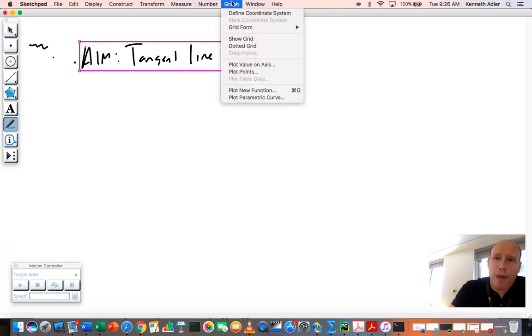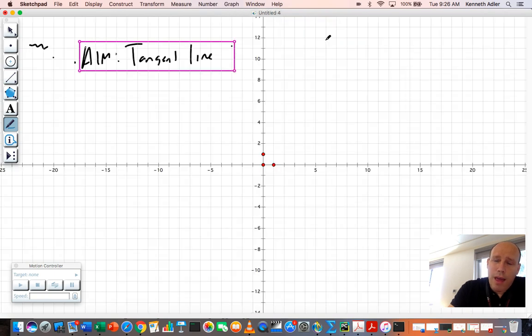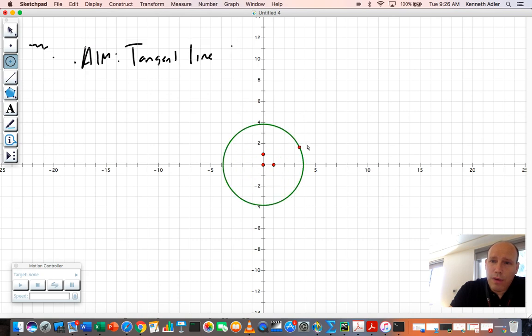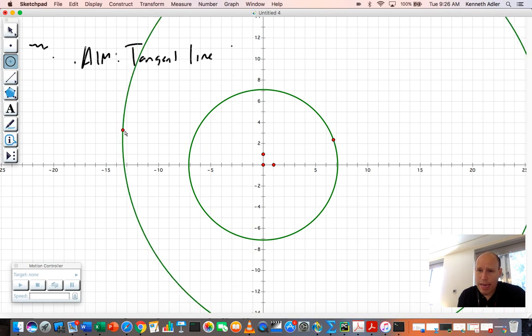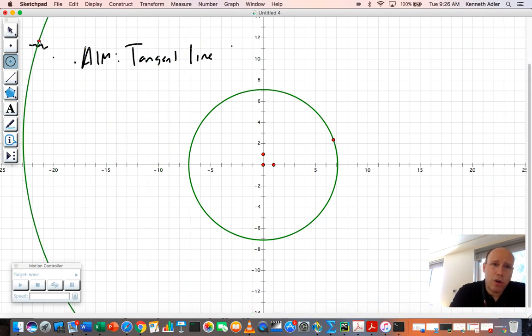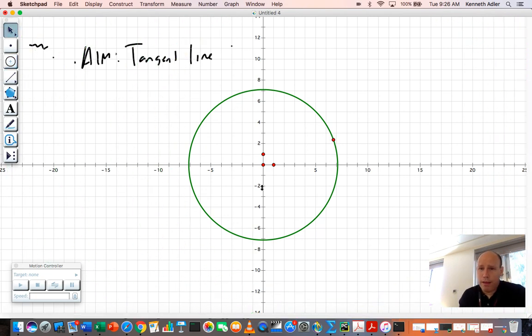So I'm going to put the grid up, rectangular grid. And then I'm going to put a circle over here, okay? And then I'm going to draw in, whoops, let me get off that circle. And so what we did was we had this triangle here, right?